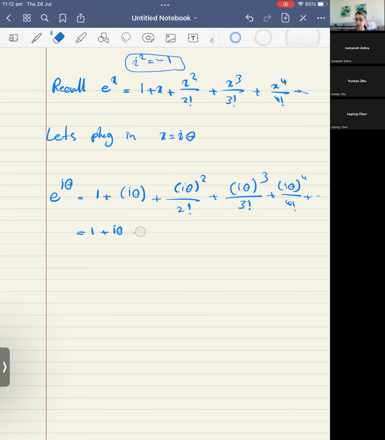And now i squared theta squared is minus theta squared over 2 factorial plus, and for the i cubed you can write just i. Let me go one step back, maybe to give you the best view.